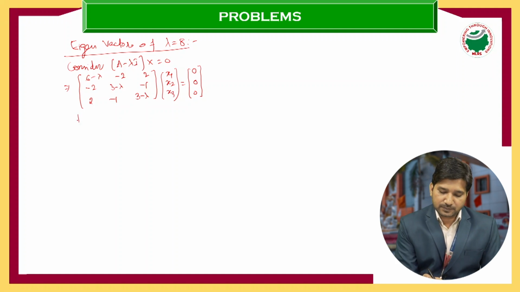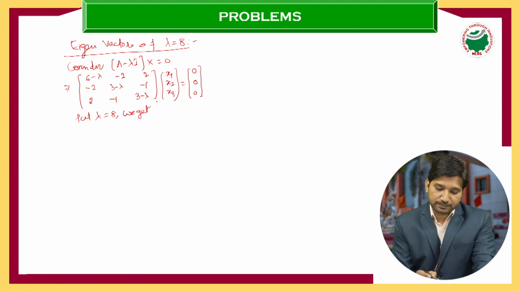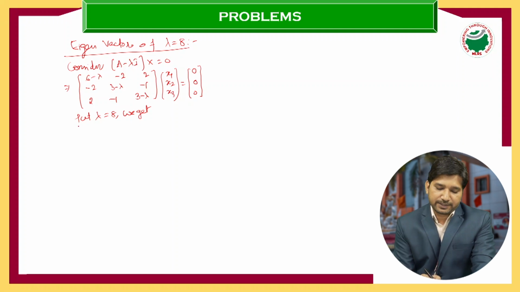Put lambda equal to 8. We get the given matrix is 6 minus, substituting lambda with 8, 6 minus 8 is minus 2, 2.